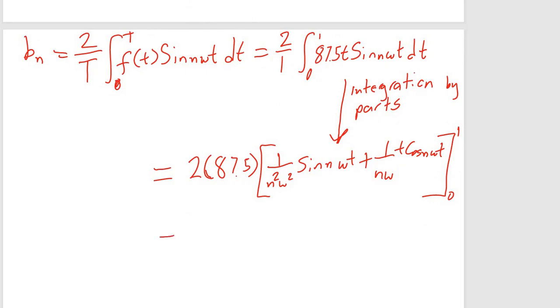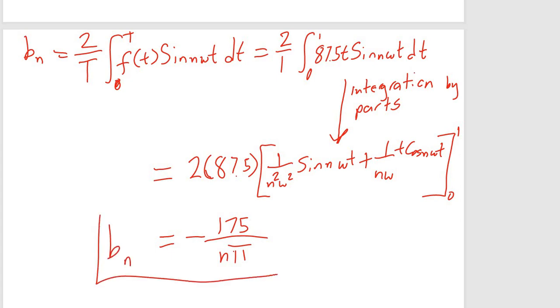If you evaluate this, your value for bn is going to be equal to negative 175 over n pi.